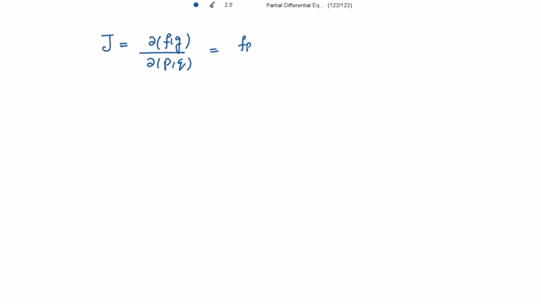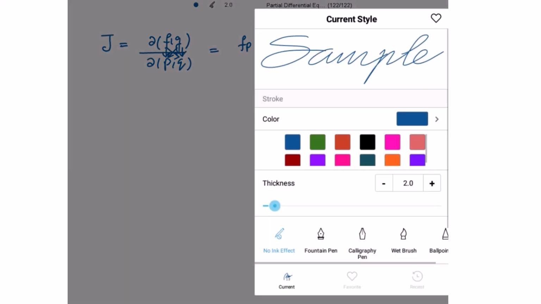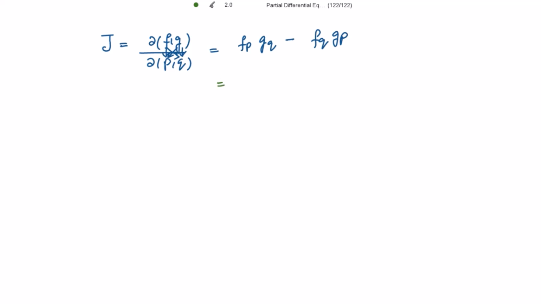It is fp into gq minus fq into gp. I remember it like this: fp into gq minus, then cross multiply, fq into gp. Here fp means the partial derivative of f with respect to p, and gq is the partial derivative of g with respect to q. So let's solve this. What is fp from here?